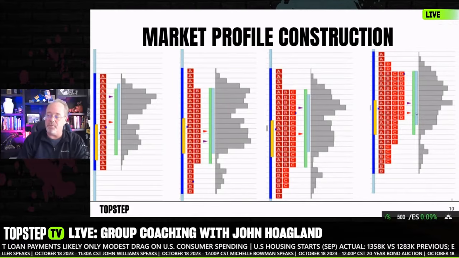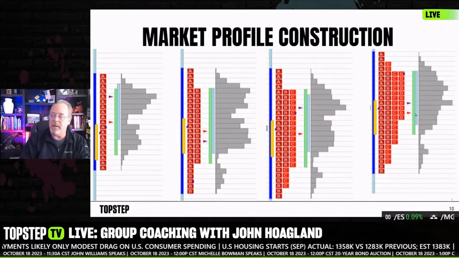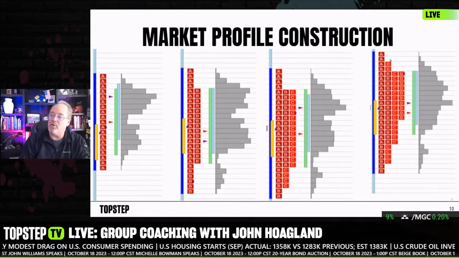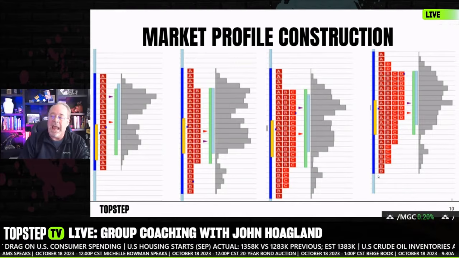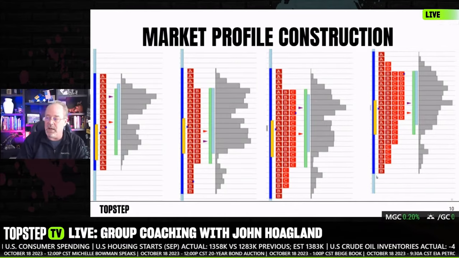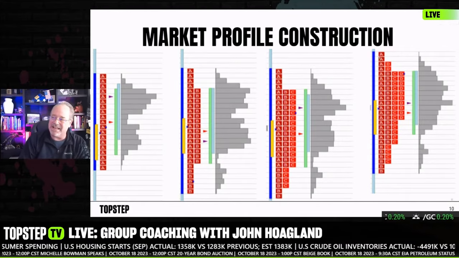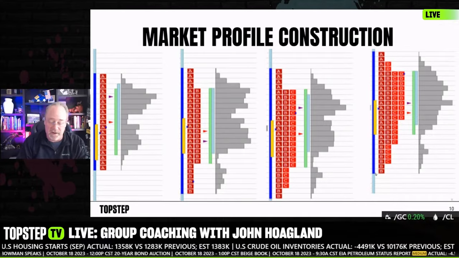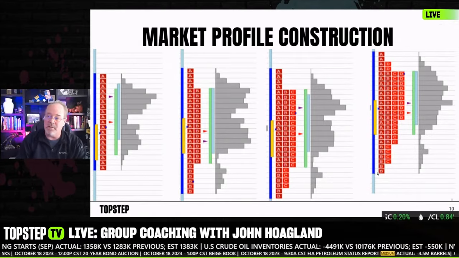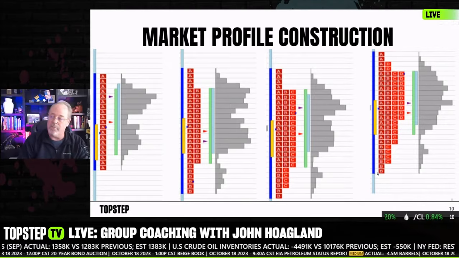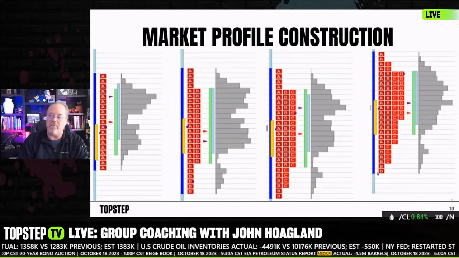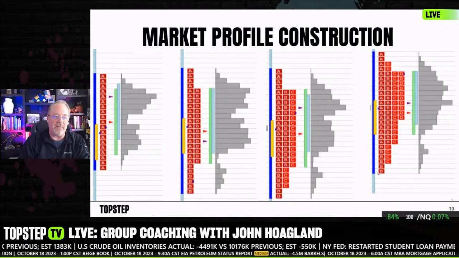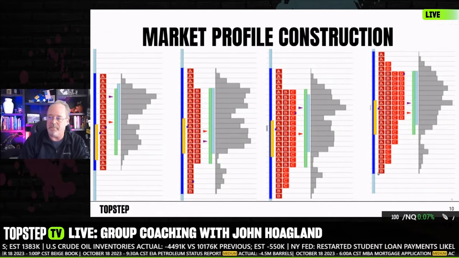So through 4 30-minute periods, right now, we are looking at a normal trading day. A normal trading day is a day that never extends outside the initial balance. Normal trading days are extremely rare. Rarely do we see a range that does not extend outside the initial balance.